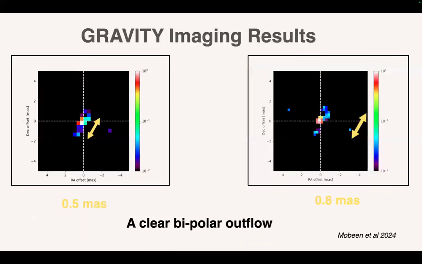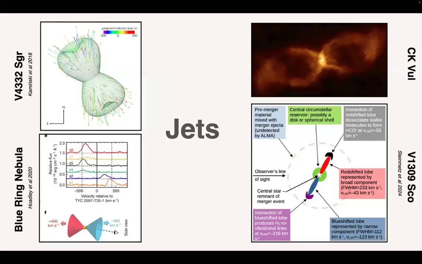Okay, keep going. So what potentially could be an explanation of this, and we were of course just speculating, is that other merger objects tend to have a pronounced bipolar feature. On the left, for example, is a reconstruction of V838 Sagittarii, another merger object.